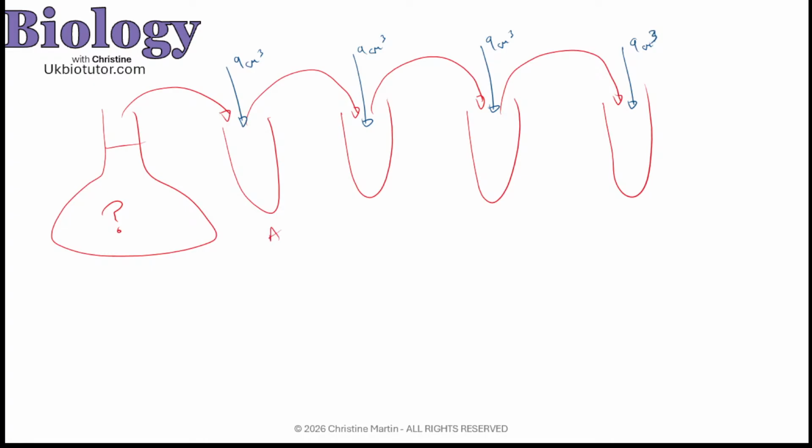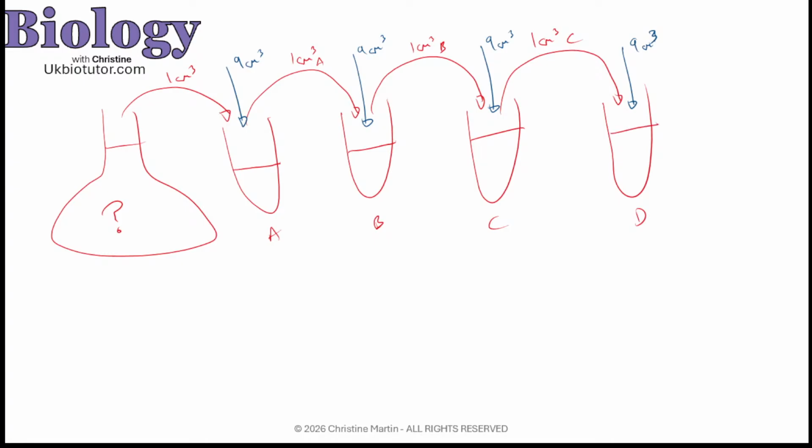Let's call them A, B, C and D. And I'm going to place 1 centimeter cubed of my stock solution into A. I'm going to put 1 centimeter cubed of A into B, 1 centimeter cubed of B into C, and 1 centimeter cubed of C into D.